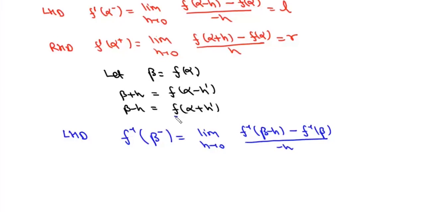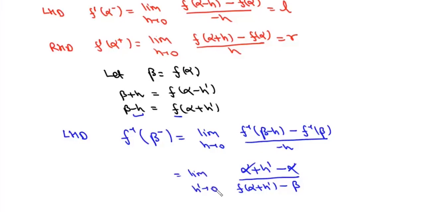Now basically f inverse(beta minus h) is alpha plus h dash. So we can write this as alpha plus h dash minus f inverse(beta), which is simply alpha, upon this minus h. We can write this minus h as f(alpha plus h dash) minus beta. Now here alpha will cancel, and when h tends to 0, h dash also tends to 0.